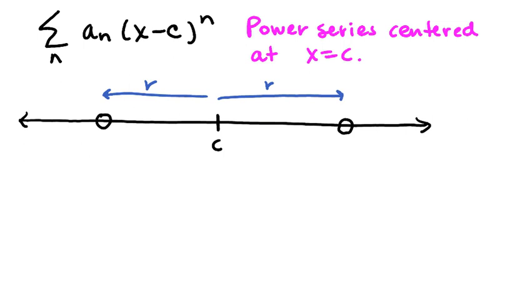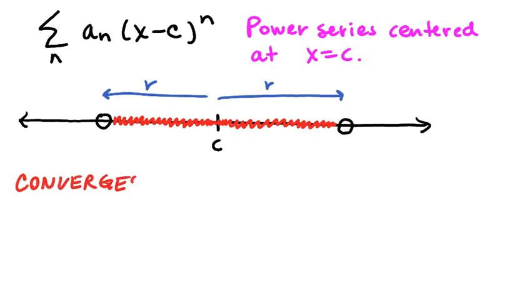In the interior of this interval, the limit is less than 1, right? And the ratio test tells us that if the limit is less than 1, the series converges absolutely. So in the interior of the interval of convergence, the series converges absolutely.